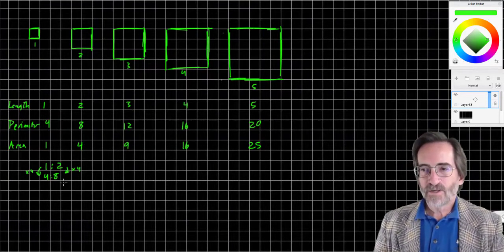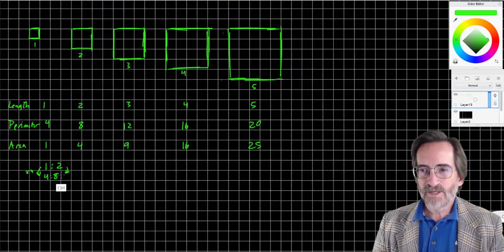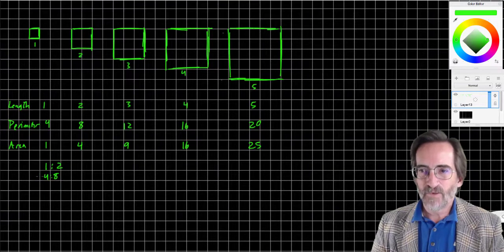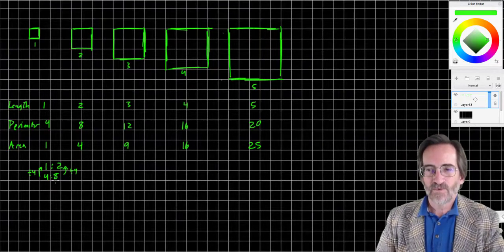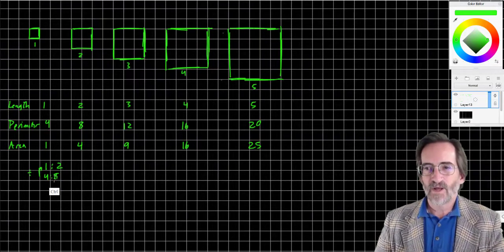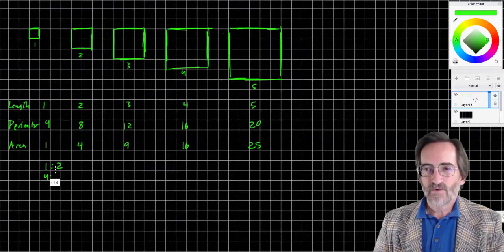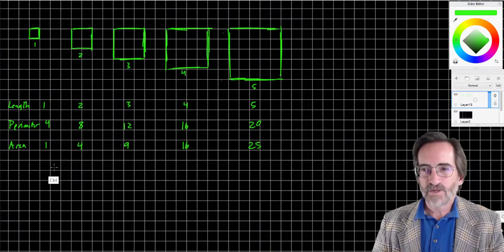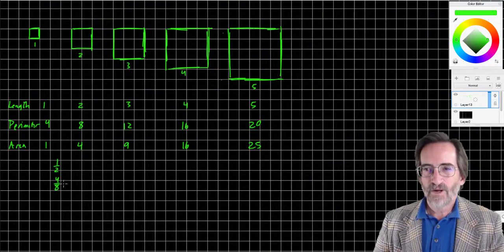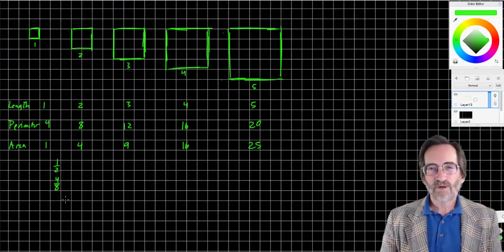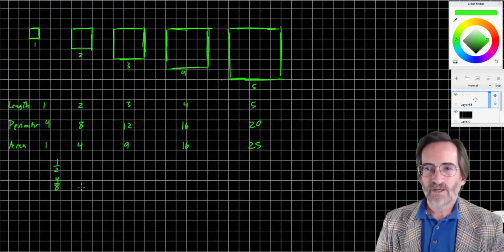And so actually the ratio of 4 to 8 is the same as the ratio of 1 to 2, because all I need to do is divide both by 4. 8 divided by 4 is 2. So this reduces to the ratio of 1 to 2, which can be expressed as a fraction, and is the same as the ratio of 4 to 8. They're the same, right? So the ratio of perimeters is the same as the ratio of lengths.